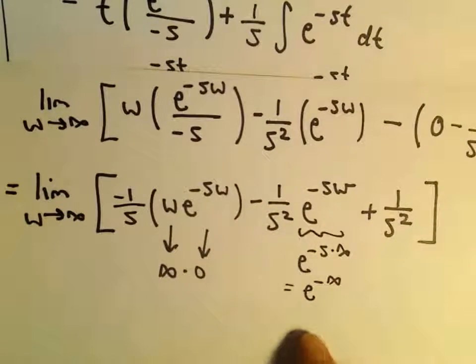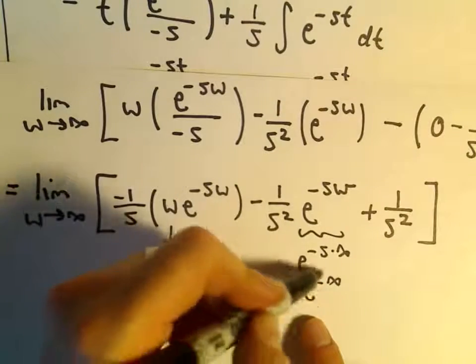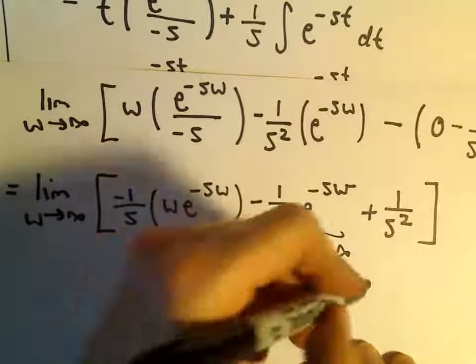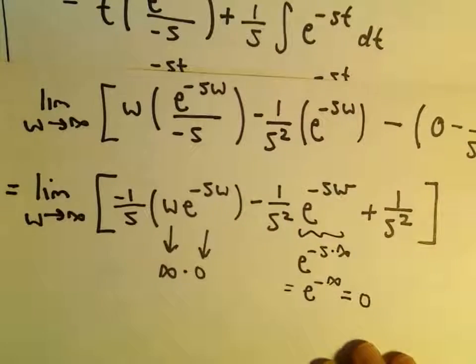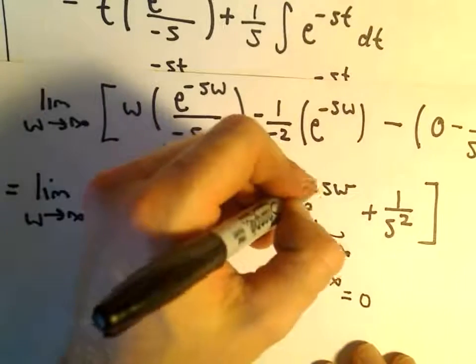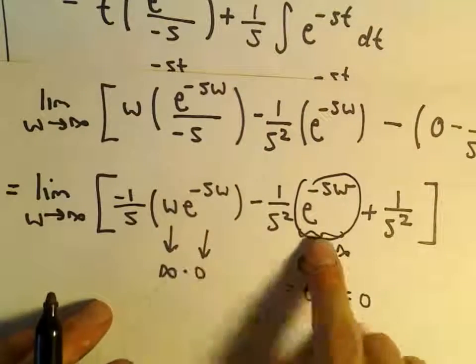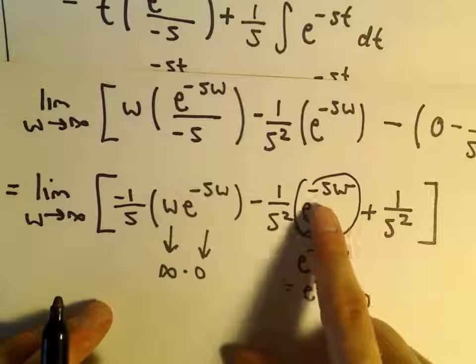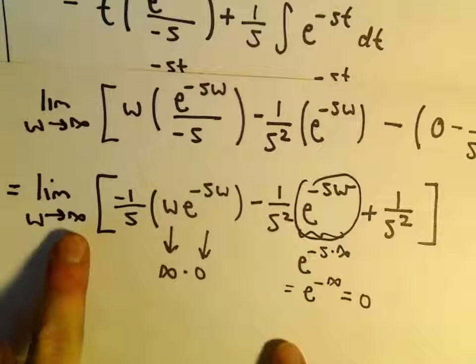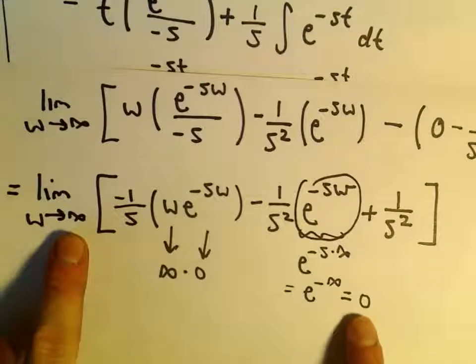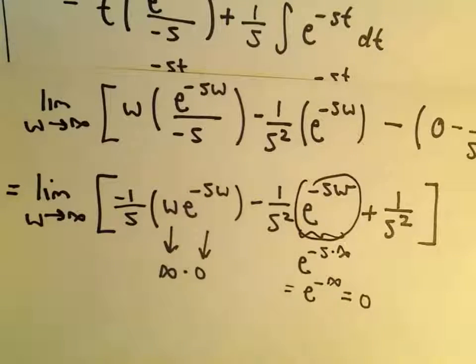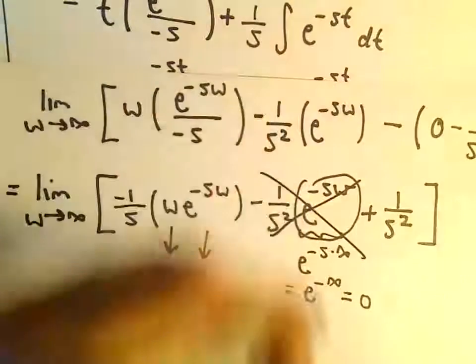I'm being a little sloppy here with my notation, but as the exponent goes to negative infinity, e to the negative infinity gets close to 0. So this second factor in our second term, e to the negative s times w, as w goes to infinity, is going to go to 0. Okay, so all of that part is gone.